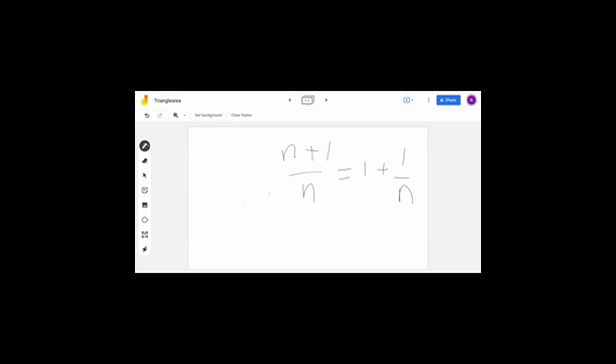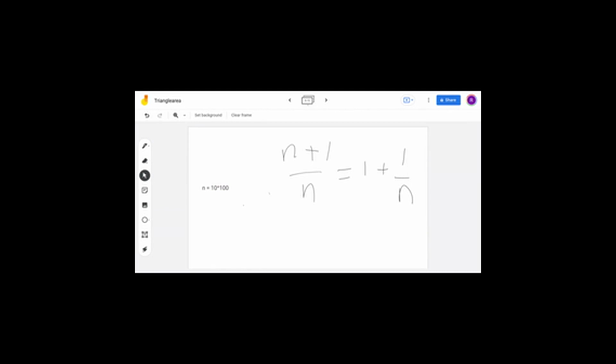How small is this 1 over n when n is 10 to the power 100?